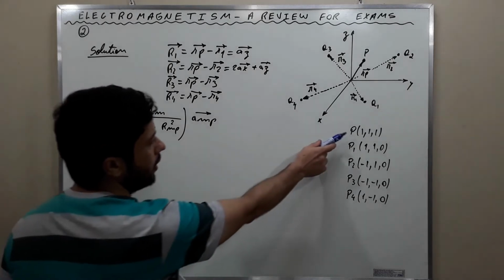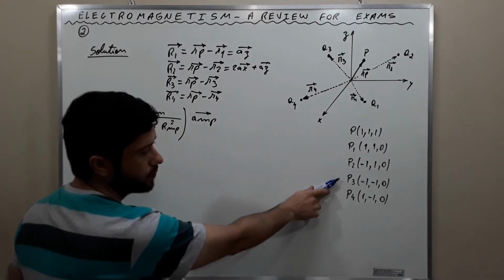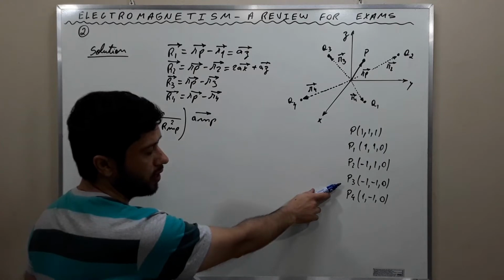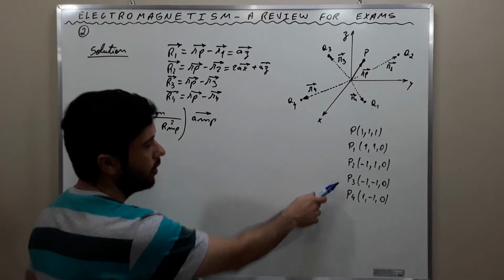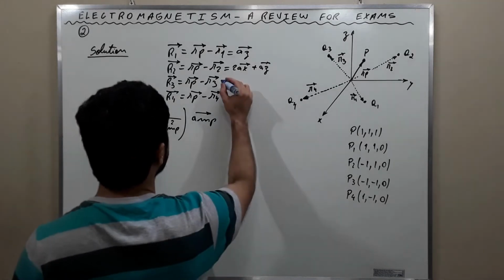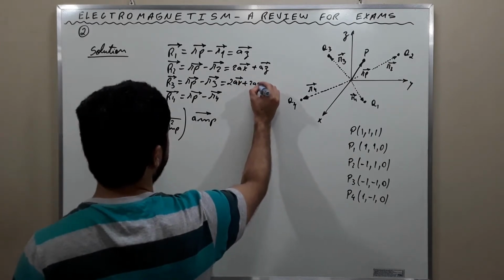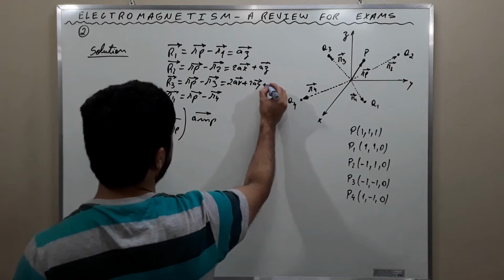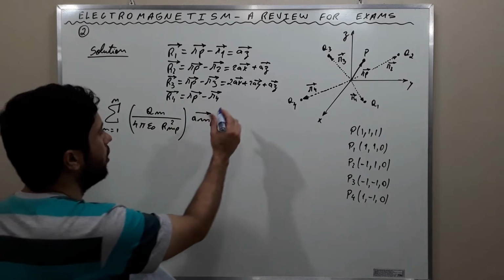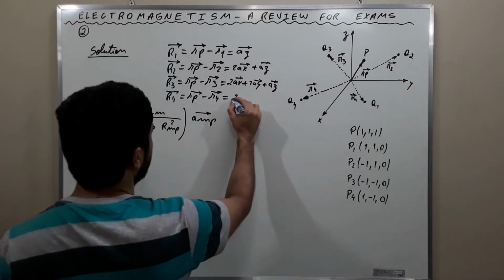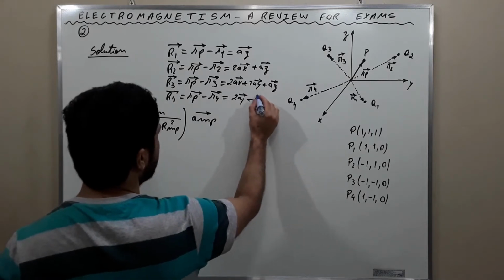Similarly, AX plus AY plus AZ minus AX minus AY and 0 AZ, and this is 2AX plus 2AY plus AZ. And the same will be done for R4, and this is 2AY plus AZ. Okay?